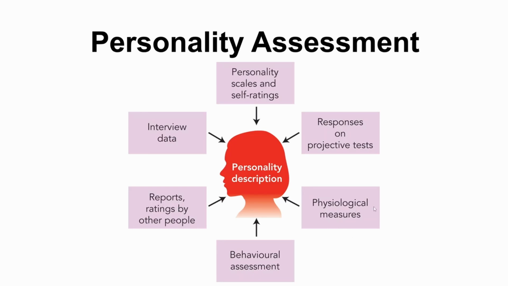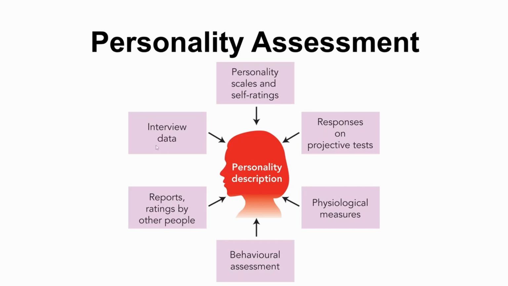We can look at physiological measures, activation in the nervous system or activation in specific parts of the brain, or even levels of hormones might be relevant. Behavioral assessments, we can look at what people do and how they act. We can also have ratings by other people. So if we don't trust self-reports, maybe we can have somebody else make an evaluation. Interview a child's parents and teachers to get a feel for how they tend to act.